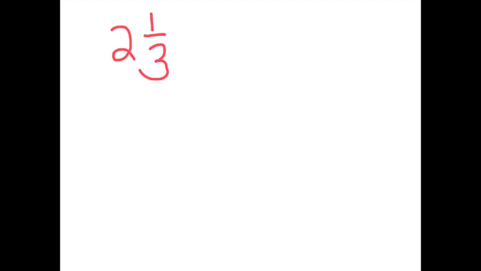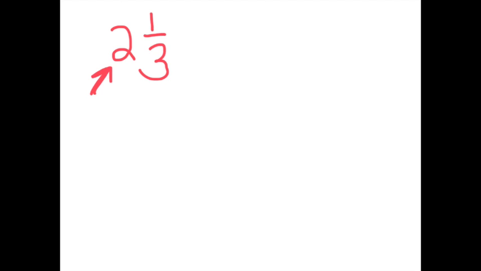The first thing I'd want you to do is look at it and say, okay, let's take a look at this 2 here. That 2 is a whole number. To fully understand this, we have to understand that when you're adding and subtracting fractions, you have to use the same denominator.